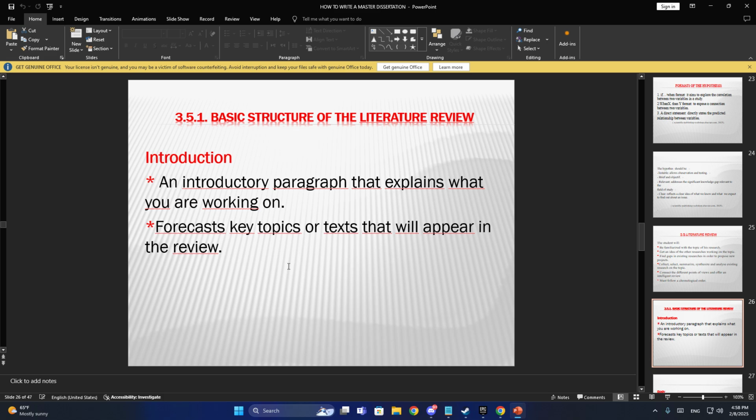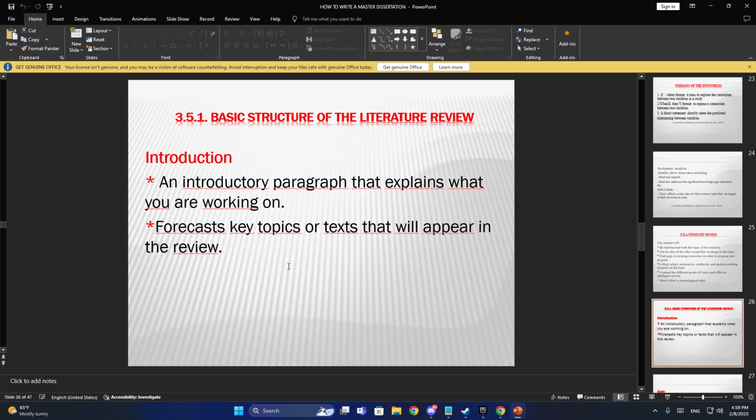In the introduction, it is just a short introductory paragraph that explains what you are working on, what you are doing, and at the same time you forecast key topics that will appear in the review, that is, in the body.